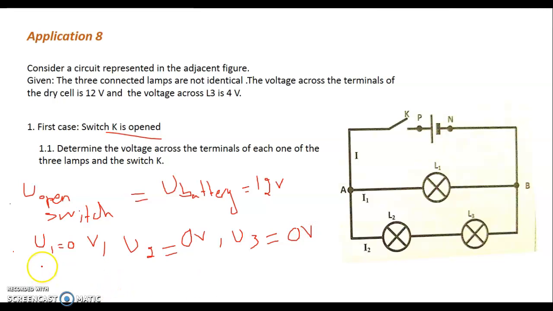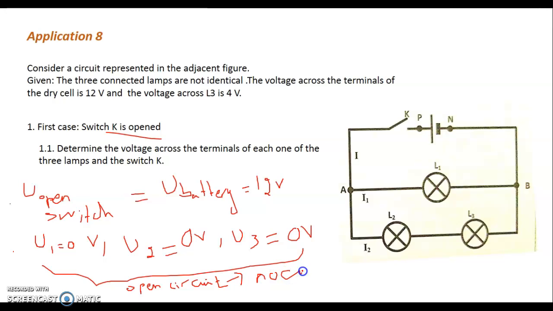Why is that? Because we have an open circuit, so when the receivers do not receive electric current, this means that they don't have voltage. Open circuit means no current flows, so no voltage.